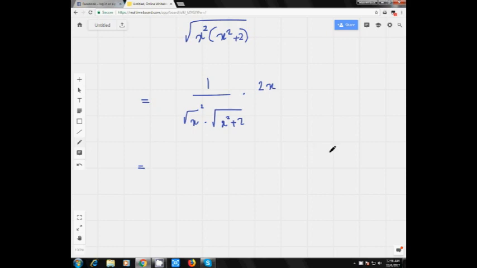Many times I have already told you that square root of x square is equal to the absolute value of x, because both of these functions have the same characteristics, they are equivalent.